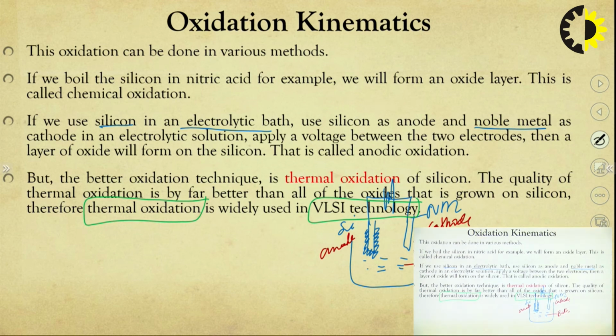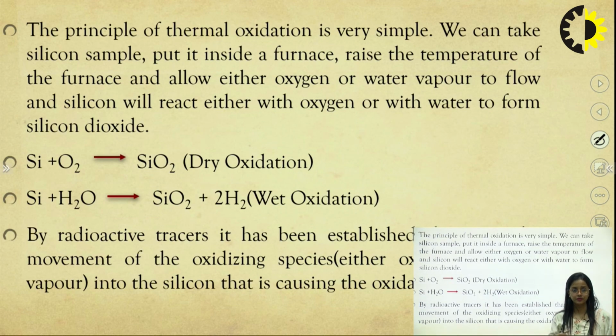We have a silicon wafer, on top of which we are trying to grow silicon dioxide, and the two methods which we have studied here are anodic oxidation and thermal oxidation. The quality of the oxide layer is better in thermal oxidation.